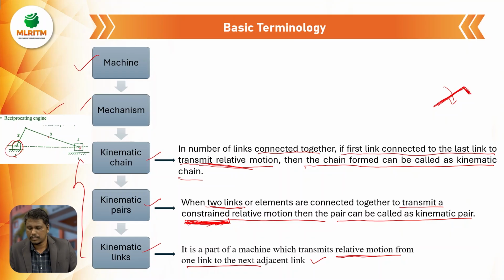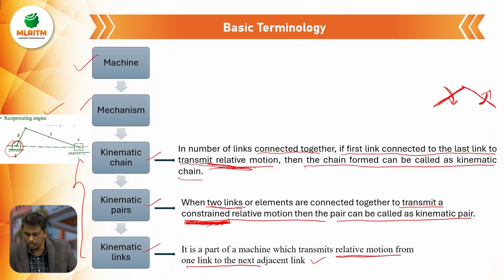Some kind of motion it can make. But at the same time, I am connecting another link with this particular link. Using this kind of rotation, it can also make some relative movement. It should be related to this one. Then only we can call it a kinematic chain.